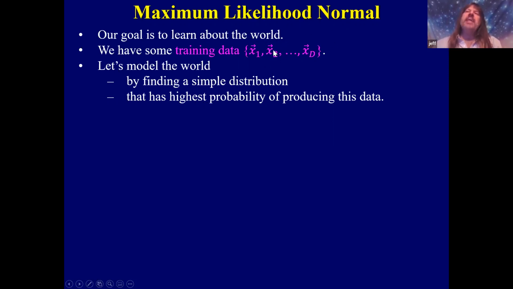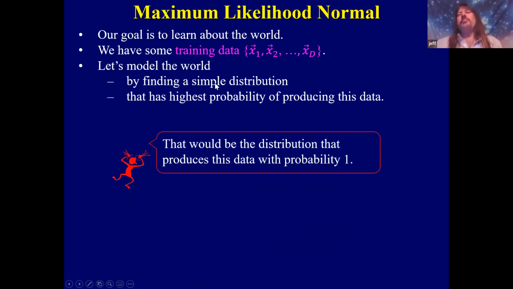Had we chosen this data according to this probability distribution, the probability of getting this data would have been higher than if we had chosen any other distribution, right?